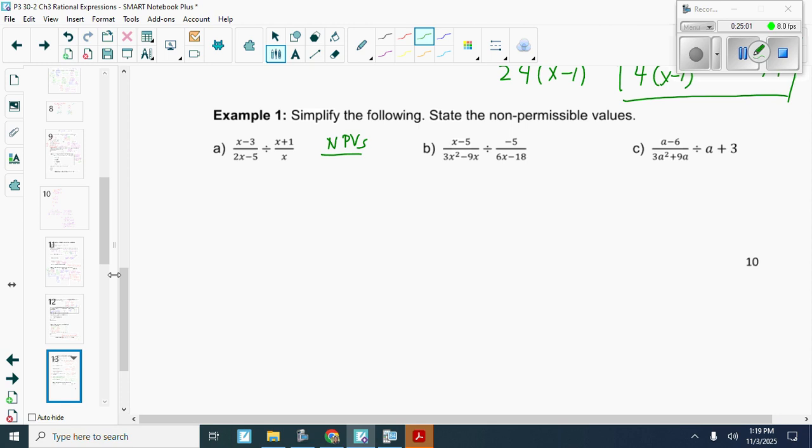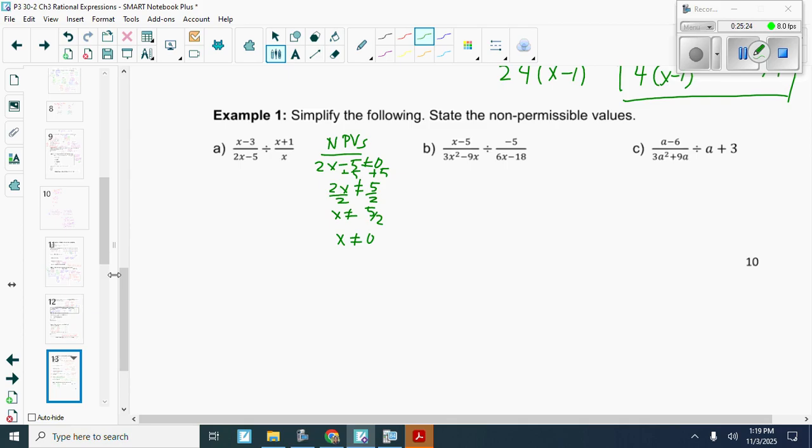Remember, they're only of the denominator, so we have 2x minus 5 cannot equal 0. That means that x cannot equal 5 over 2. And we have an x on the bottom, so x cannot equal 0.